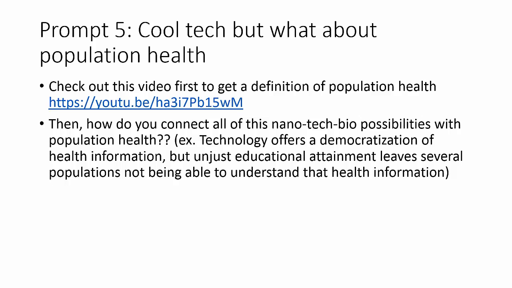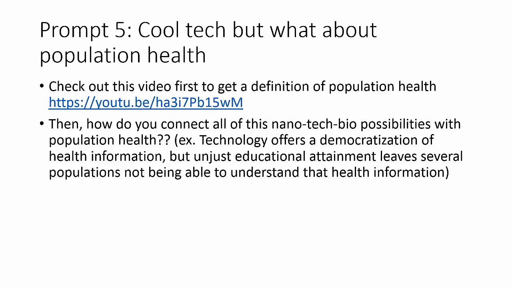The example to give you is technology offers a democratization of health information, meaning I have equal access to it as you should. But because there's unjust educational attainment levels, there are several populations that are not able to even understand that health information.